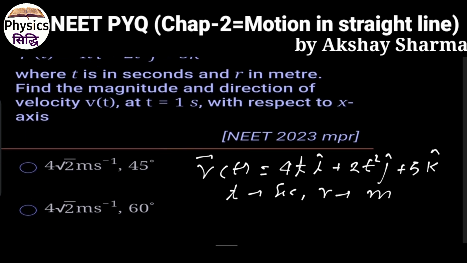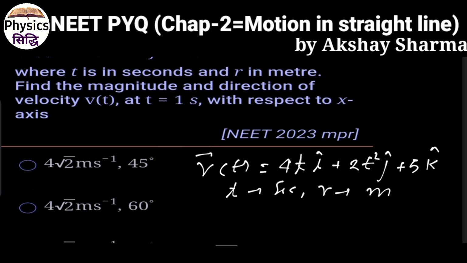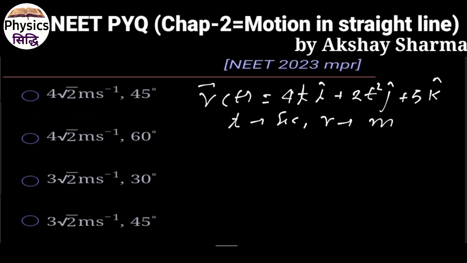We have to find the magnitude and direction of velocity at t equals 1 second, and the direction with respect to the x axis. Velocity becomes dr/dt. That is our common formula. In the formula I taught you, r is actually x, a time dependent quantity.